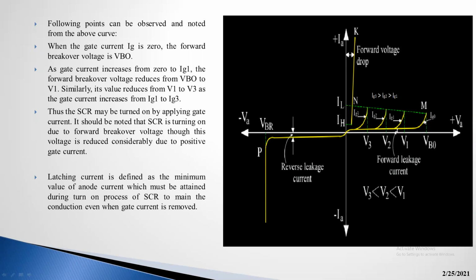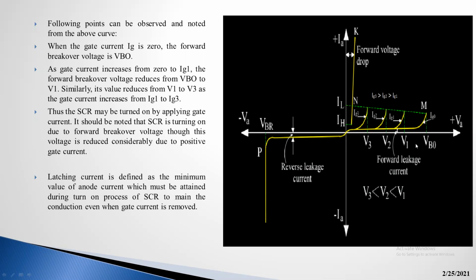If the gate current is 0, we have to apply more voltage across the SCR. So the gate current and forward voltage across the SCR are inversely proportional. If the gate current increases from Ig0 to Ig1, Ig1 to Ig2, Ig2 to Ig3, the forward voltage level is going to decrease.